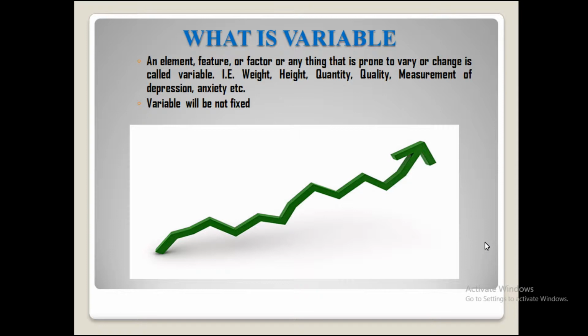When you are younger, your height was quite different as compared to today. When you are younger, your weight was very low as compared to today. So quantity and quality is also variable.